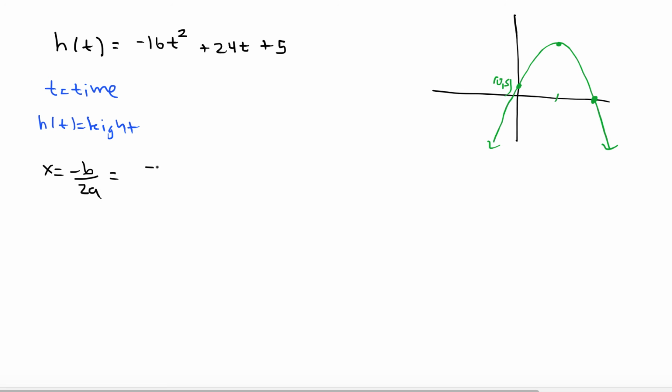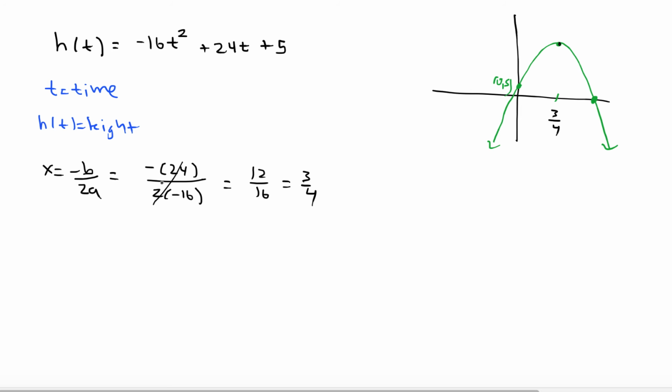So we're going to find negative of 24 over 2 times negative 16. Negatives do cancel out, so 2 goes into 24 12 times. We got 12 over 16, which is 3/4. So what does that mean? It means after 3/4 of a second, the ball should be at its maximum height.